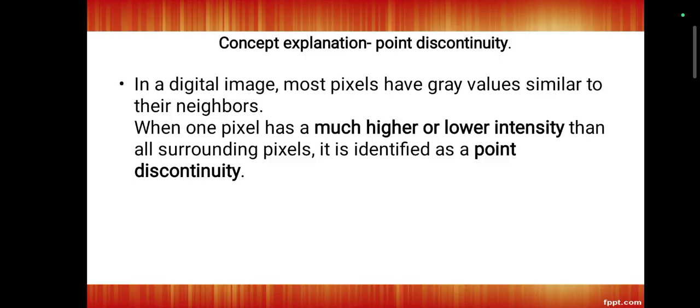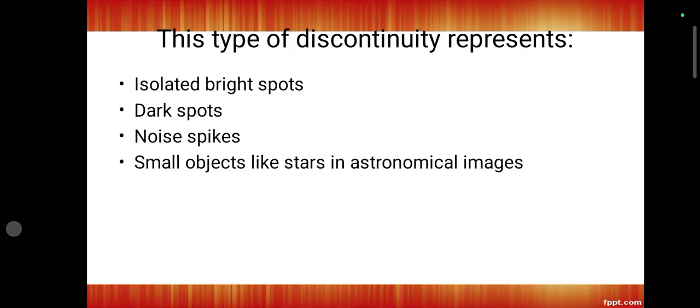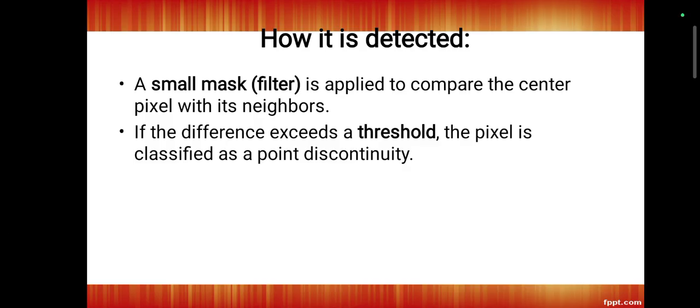When one pixel has a much higher or lower intensity than all surrounding pixels, it is identified as a point discontinuity. This type of discontinuity represents isolated bright spots, dark spots, noise spikes, and small objects like stars in astronomical images. How is it detected?